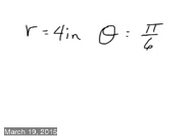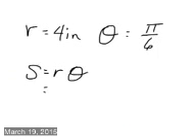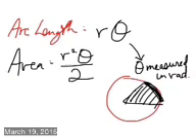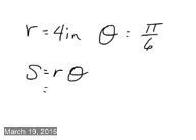Okay? So if I want the arc length, what did I give you as the formula for arc length? S equals r times theta, right? Yeah. That was the first formula I gave you. So what's the radius? 4.